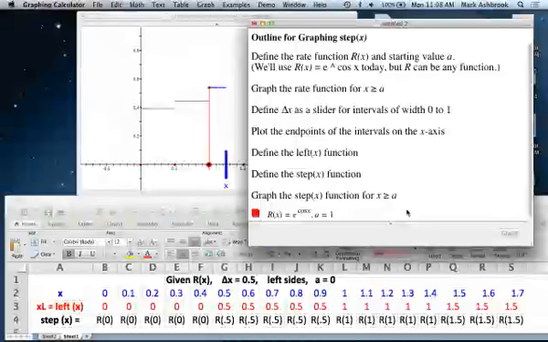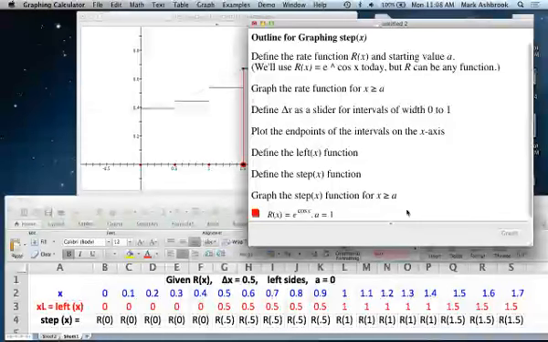Questions? Where'd you get lost? Graph. What do we graph? What tells us graph? Goal 2, right?